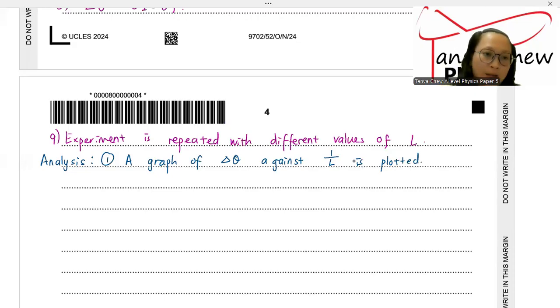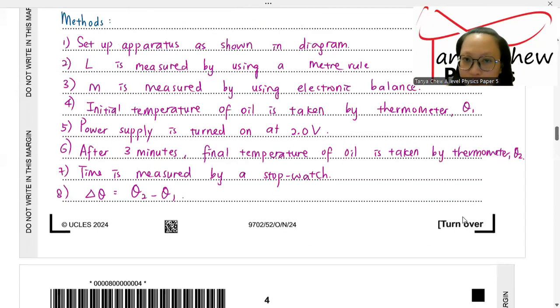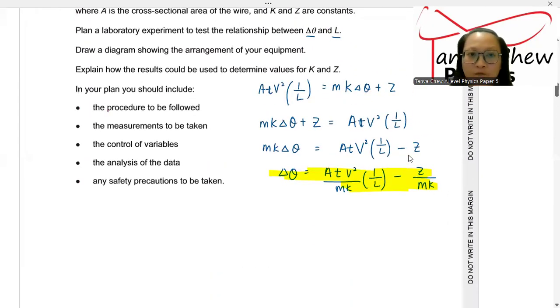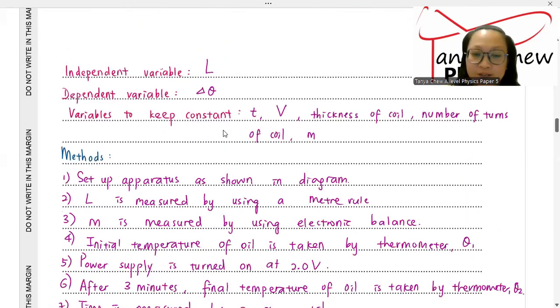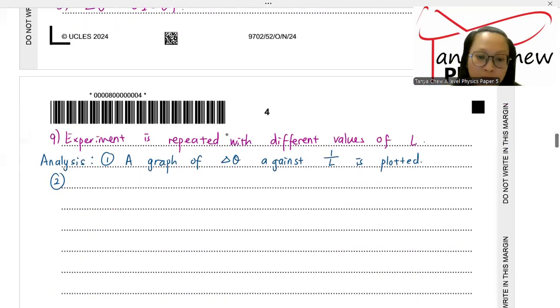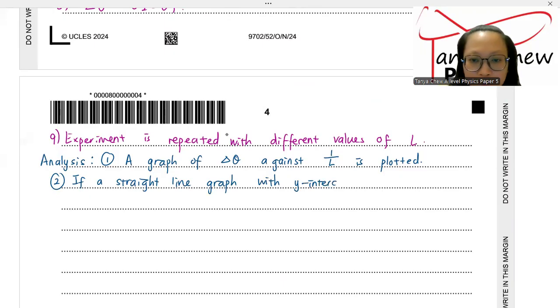That's it. And the second part, okay, this is a straight line graph. Yes, this is 100% a straight line graph because it fulfills the straight line equation. This is y, this is x, this is m, and this is y-intercept. Could you see that? So this is the straight line equation. So you have to tell the examiner that this is a straight line equation with y-intercept. So I say that a straight line graph with y-intercept of, okay, let us look at y-intercept.